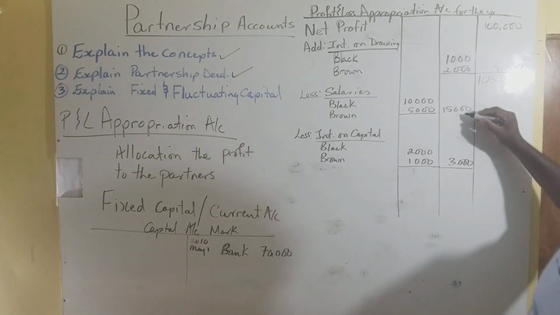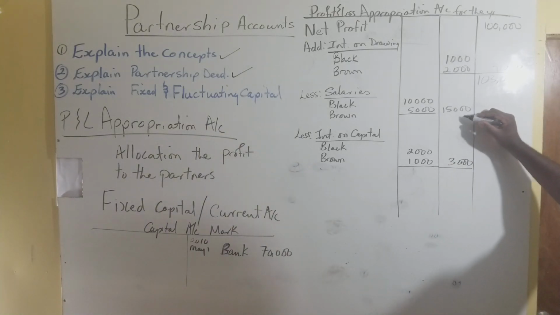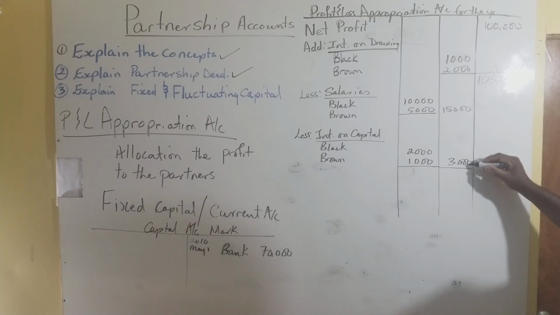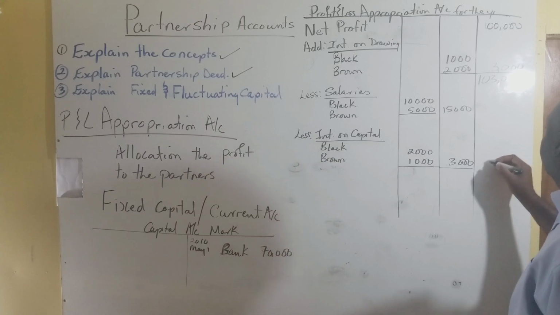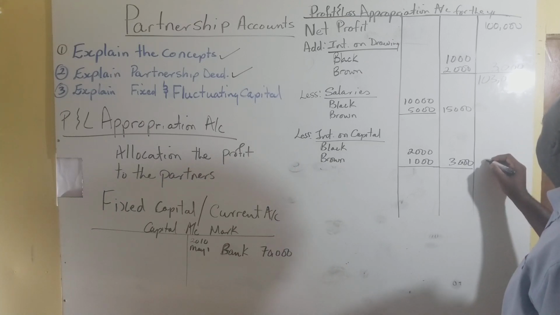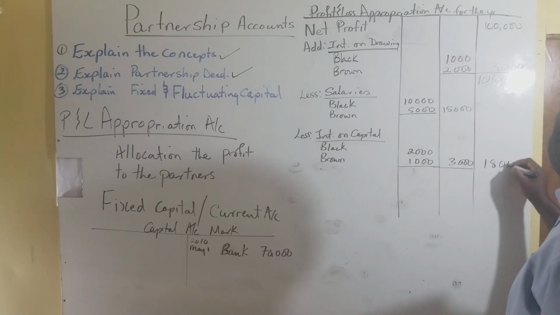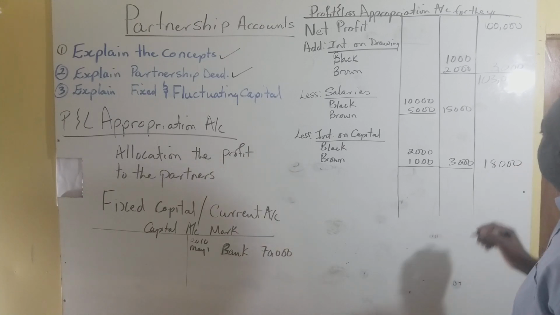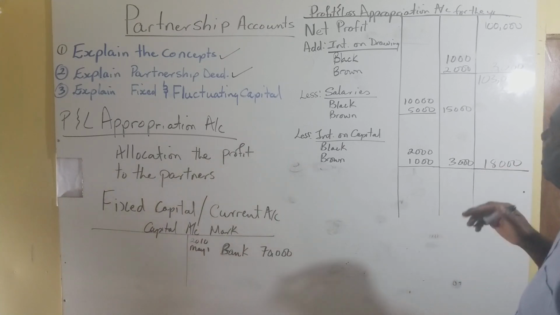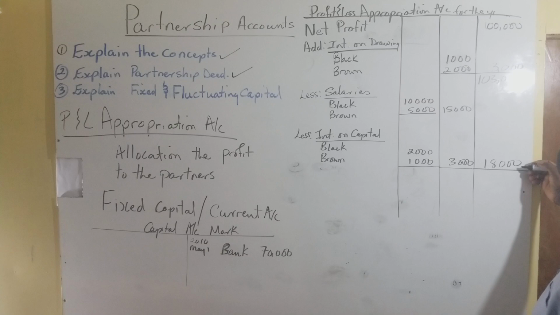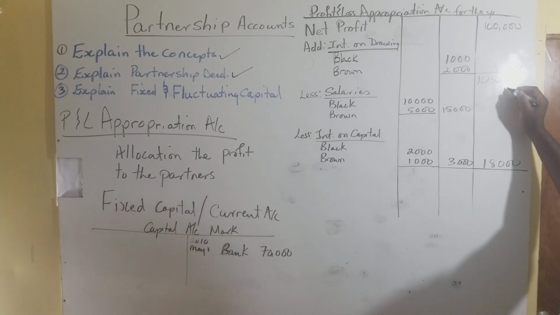What will happen now is that we're going to add the total salary and the total interest on capital, right? And that will give us 18,000. Now, the next action we will take is that we're going to subtract the 18,000 from the 103,000. Yes?